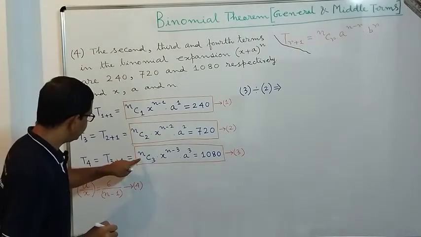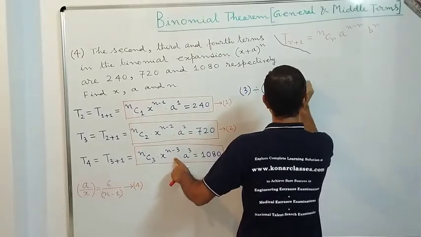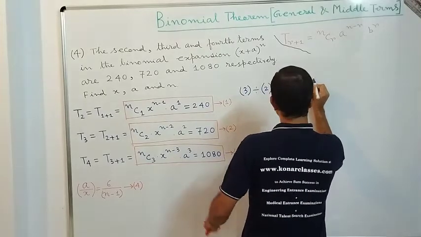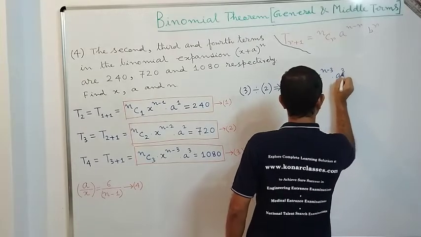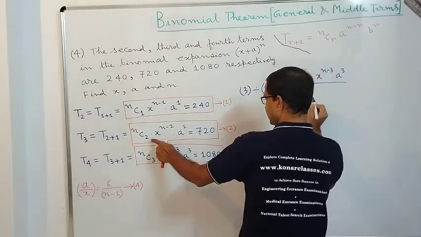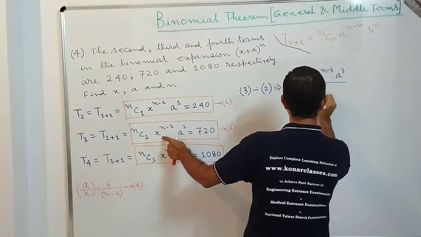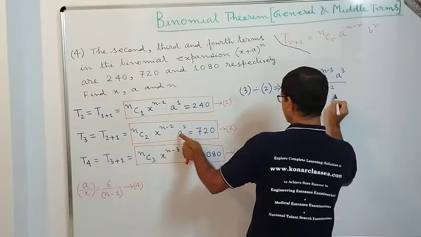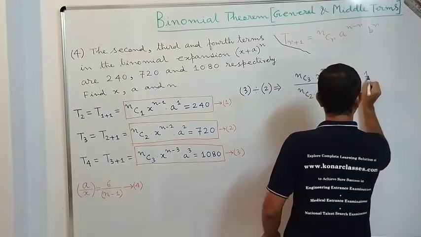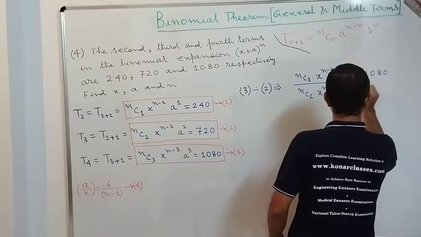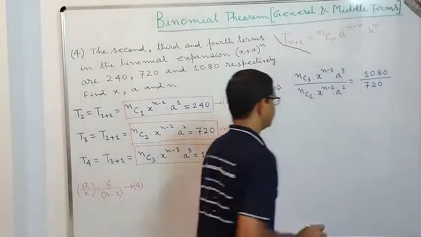That means nC3 into x to the power n minus 3 into a to the power 3, divided by nC2 into x to the power n minus 2 into a to the power 2, is equal to 1080 divided by 720. Correct?